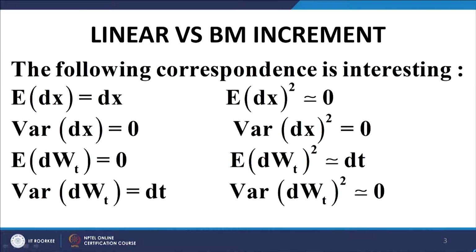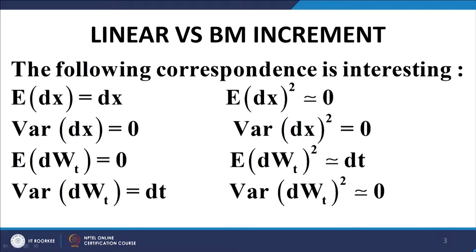Similarly, stochastic processes can be represented by infinitesimal increments of Brownian motion. This is an interesting comparison between the deterministic scenario and the stochastic scenario.